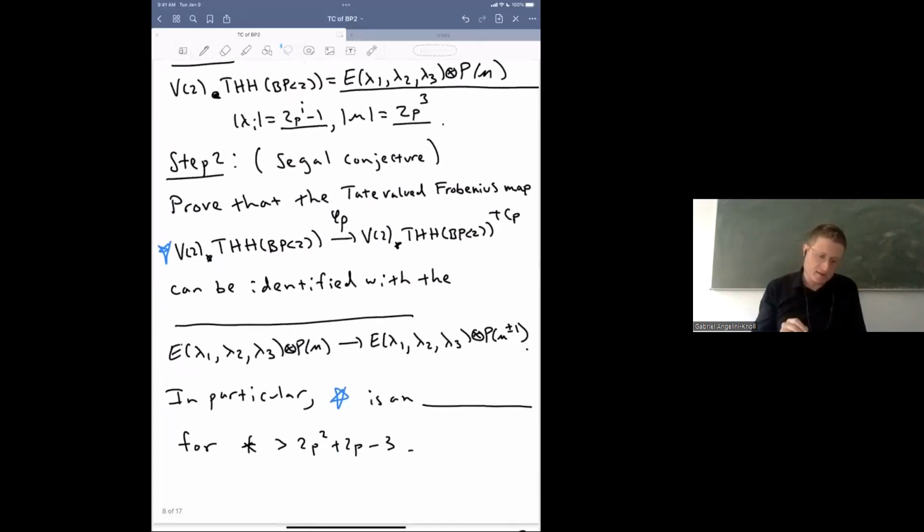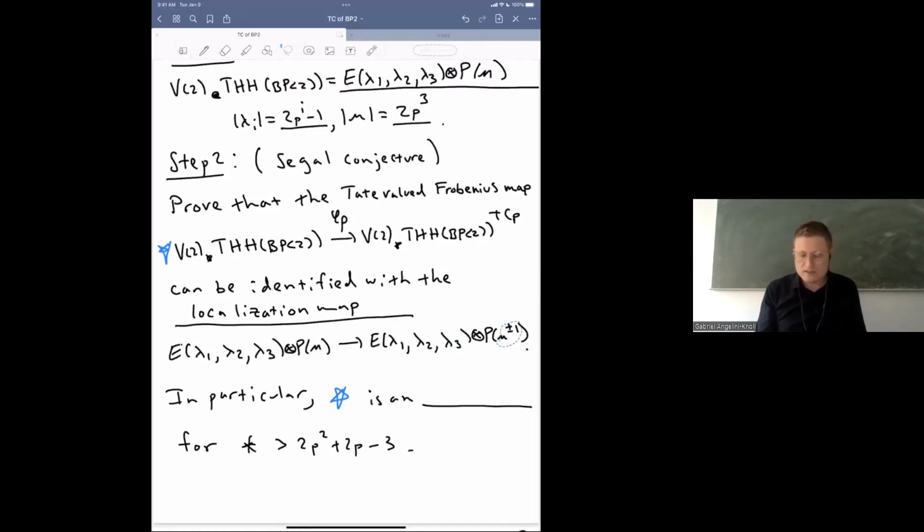What we prove is that this can be identified with the localization map, the map given here from the exterior algebra on lambda 1, lambda 2, lambda 3, tensor polynomial on mu, to the same thing with mu inverted.